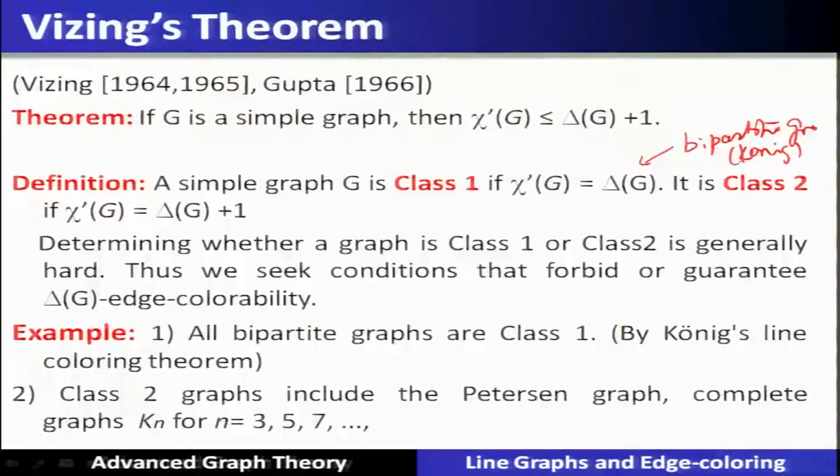We have seen this, and this becomes valid for the Peterson graph. Hence the bipartite graph is a class 1 graph and the Peterson graph is a class 2 graph. Determining whether a graph is class 1 or class 2 is generally hard. Thus, we seek the conditions that forbid or guarantee big delta G edge colorability.